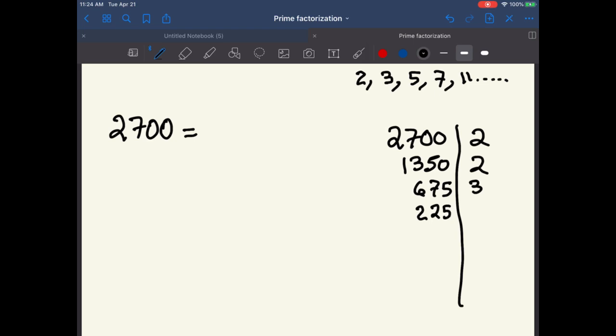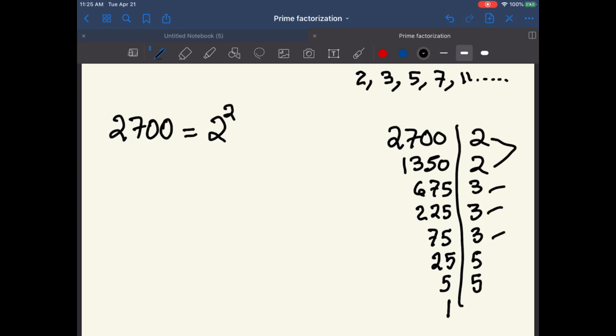You divide by 3 again, it's 75. If you divide by 3, it's 25. 25 is not divisible by 3, so I divide it by 5. It's going to be 5. And 5 divided by 5 is 1. And you finish. Now I have 2 squared times 3 to the third times 5 squared. And I did the prime factorization of 2700.